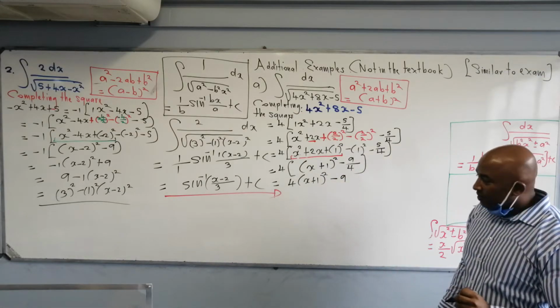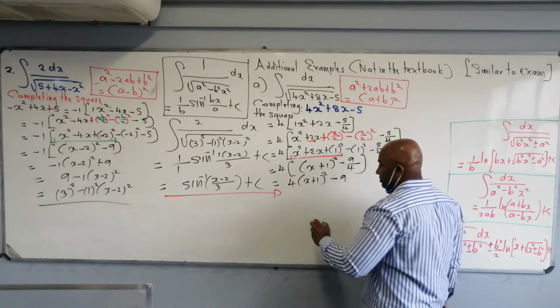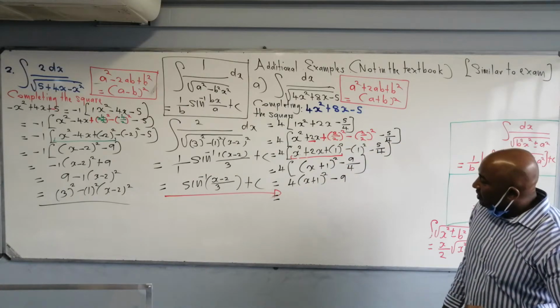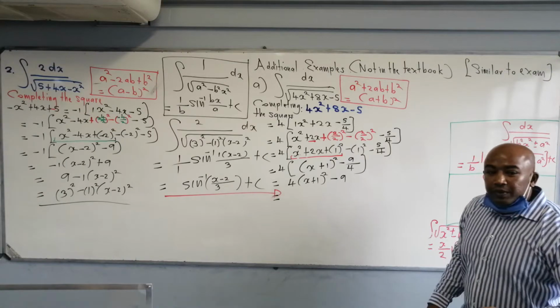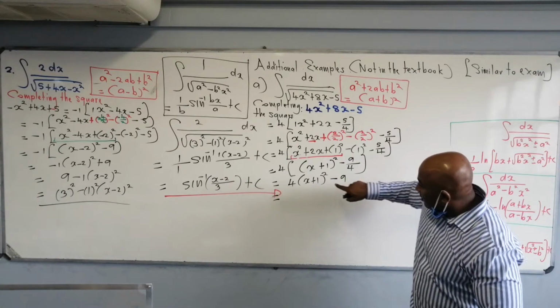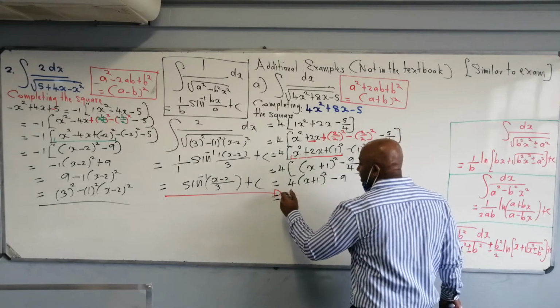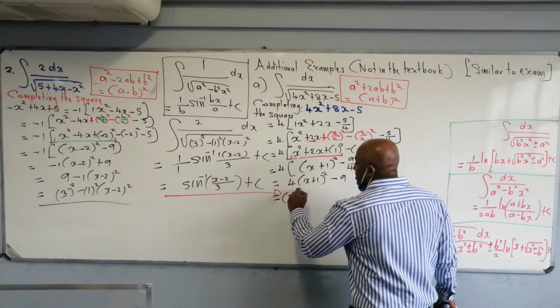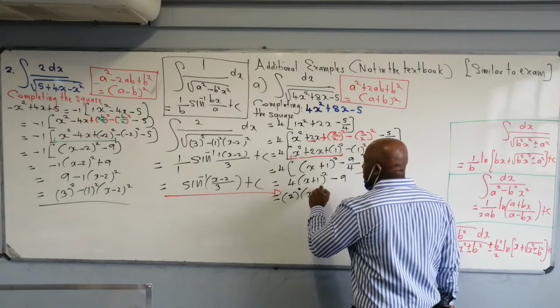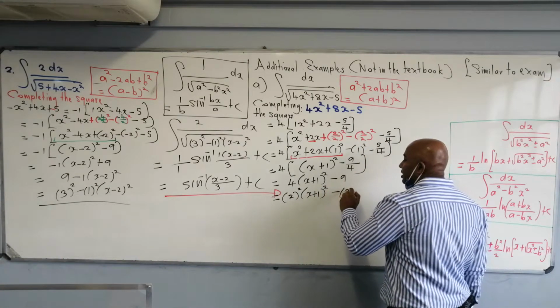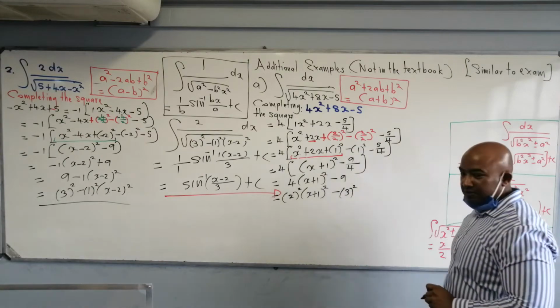Clear with that? Alright, so now this is grade 11 work. Completing the square. What do we do now? We need to rewrite this as a square, that as a number squared. So 4 is 2 squared times x plus 1 all squared, minus 9 will be 3 squared.